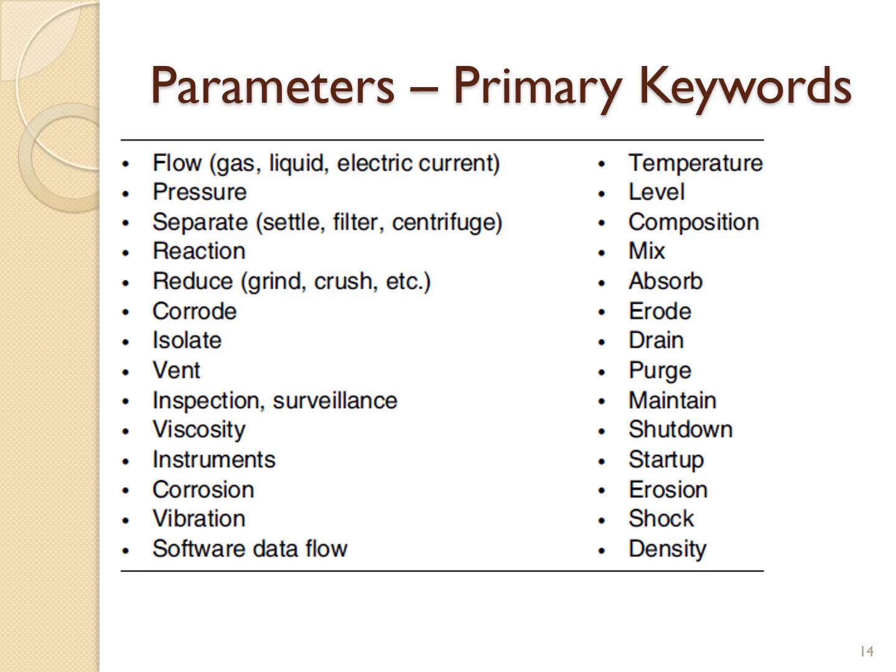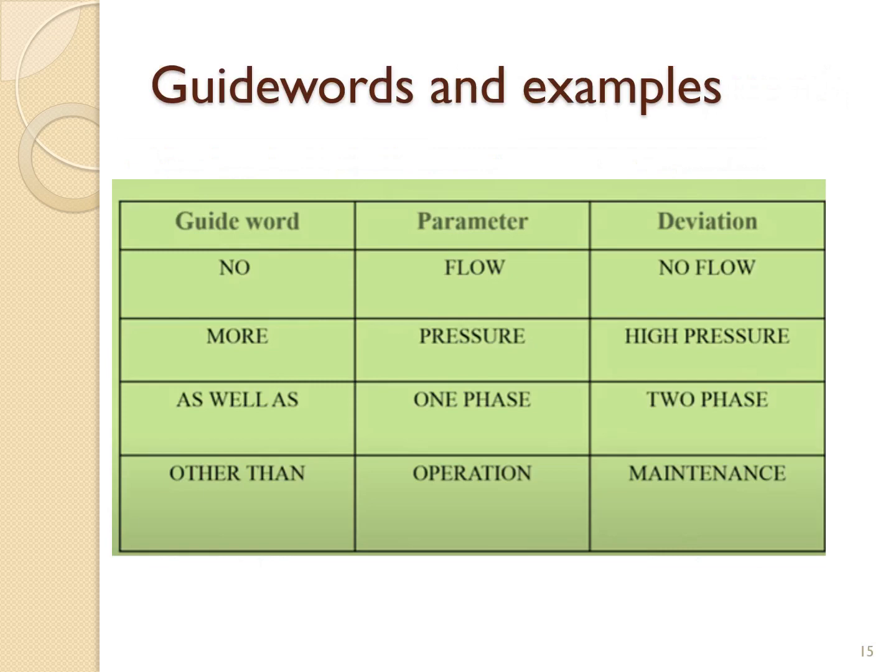It not only includes flow, pressure, temperature, but also many other things which we come across in a manufacturing facility. It includes even shutdown, startup, maintain, purge, erode, absorb, mix, composition, density, shock, vibration, software data flow, instruments, viscosity, inspection, vent, isolate, corrode, reduce, reaction. You can go through the extensive list of the parameters.